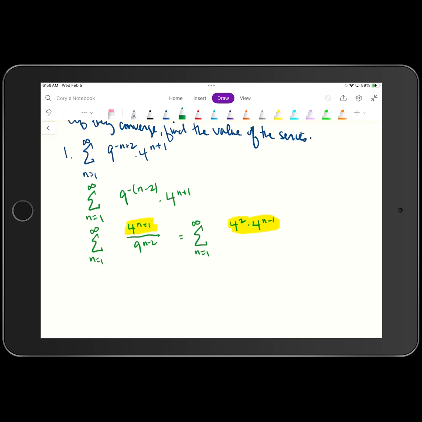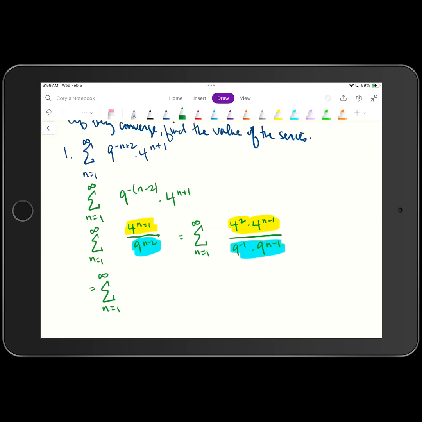And if I want to do the same thing on bottom, if I want a factor of 9 raised to the n minus 1 in my denominator, I can multiply that denominator by 9 to the negative 1 power. Because again, when I multiply two exponents that share the same base, I'm going to add their powers. So that makes these two things equivalent as well. Okay, so what I can do now is I can say that this is equivalent to the sum from n is equal to 1 to infinity.